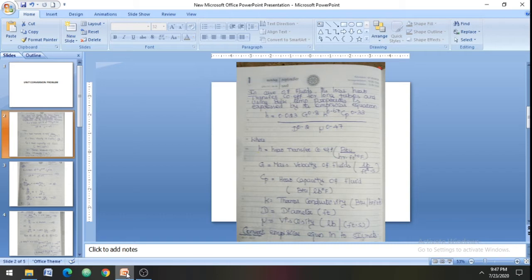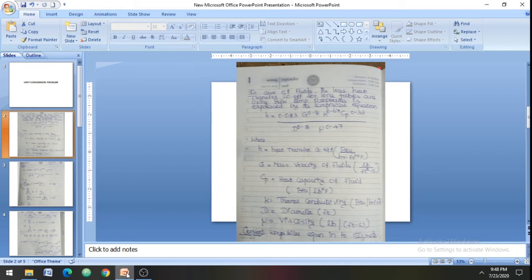Students, one thing is very important here: the conversion from one system of units to another system of units. Here the FPS unit is converted into SI unit, so each and every parameter is converted from FPS unit to SI unit.